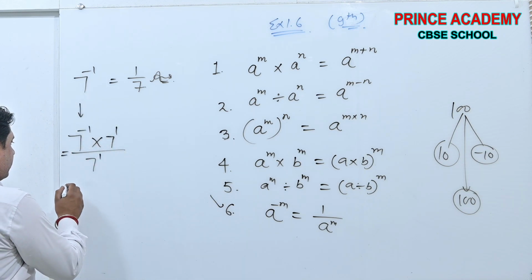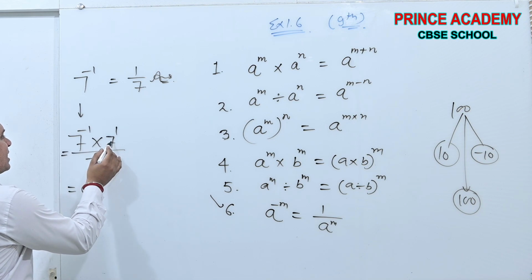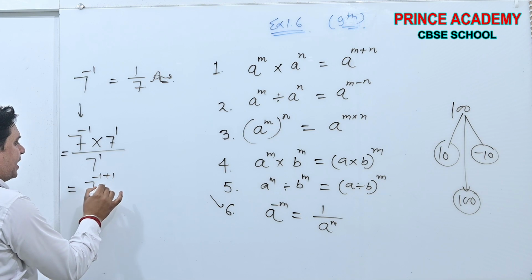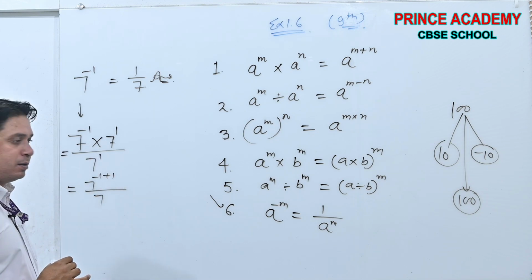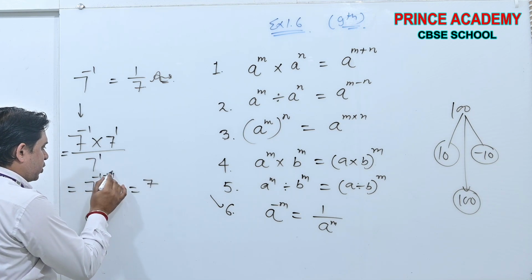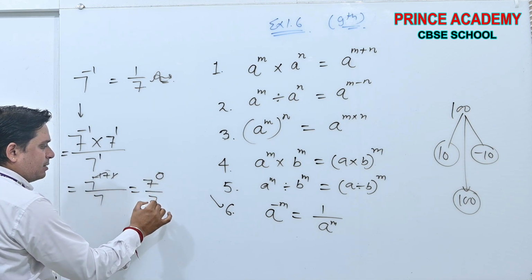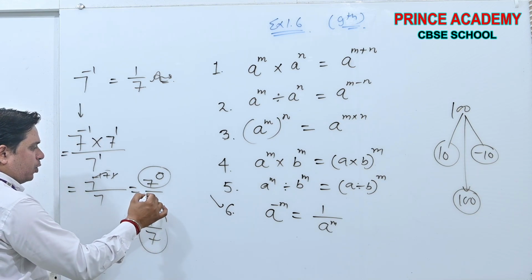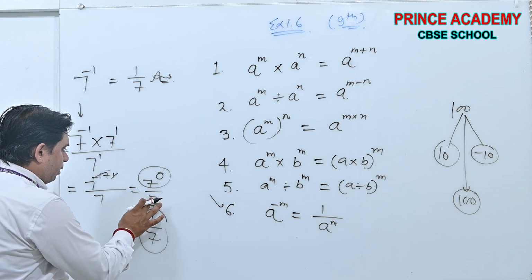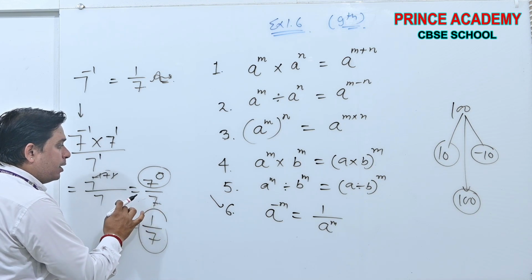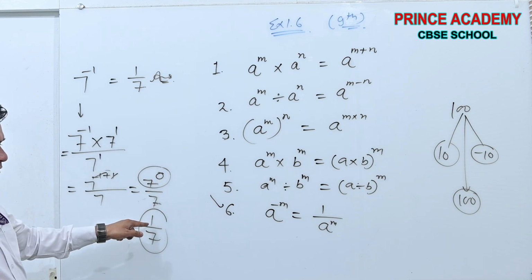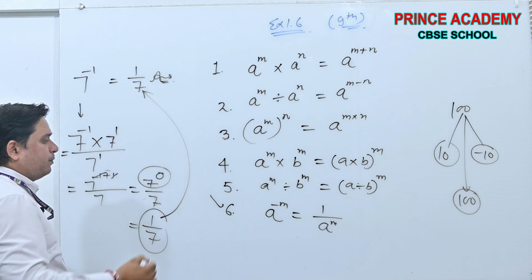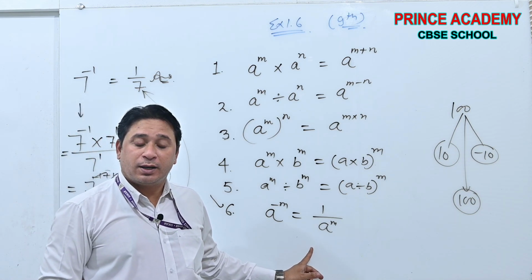Now see, above, bases are same, powers are added, divide by 7 was there. 7 raised to power 1 minus 1, that is 0, by 7. 7 raised to power 0 is 1, divide by 7. Yes or no? Done, beta? This is the rule we used here.